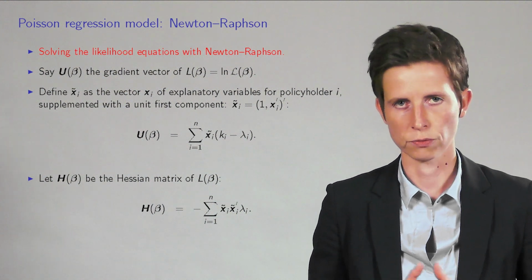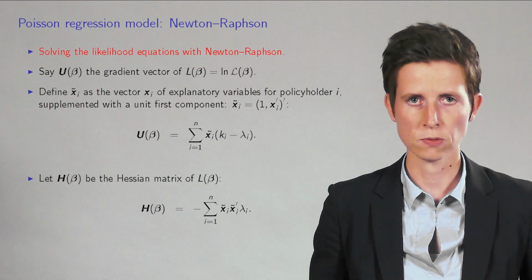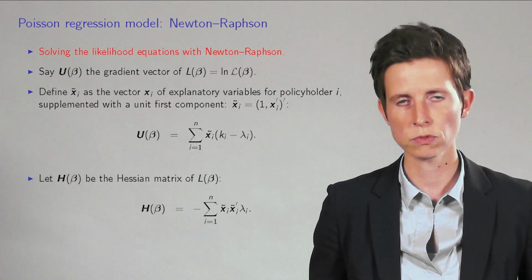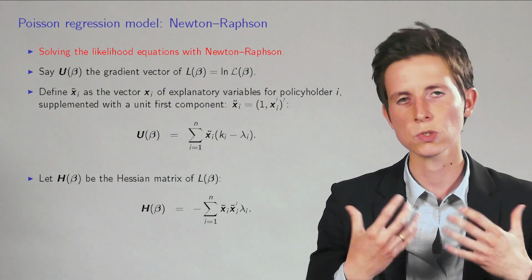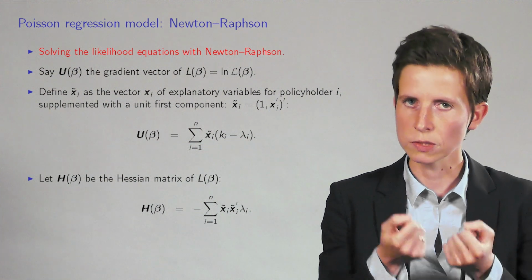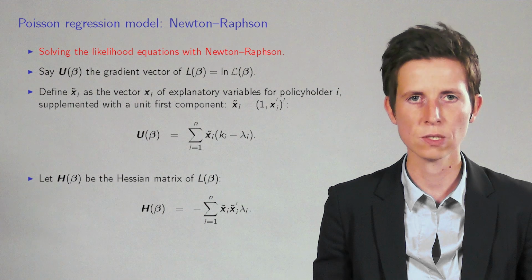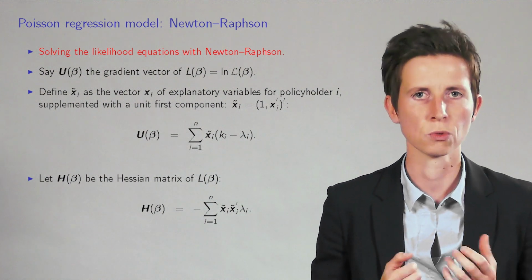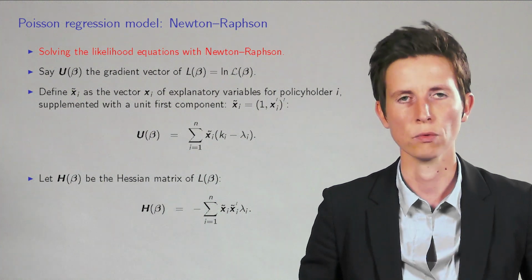Next to the gradient vector, we also need the Hessian matrix, which contains the second-order derivatives of the log likelihood with respect to the parameters in the vector beta. Again, we can work out these second-order derivatives and show that the Hessian matrix for the Poisson regression model is given by the expression that you see over here.